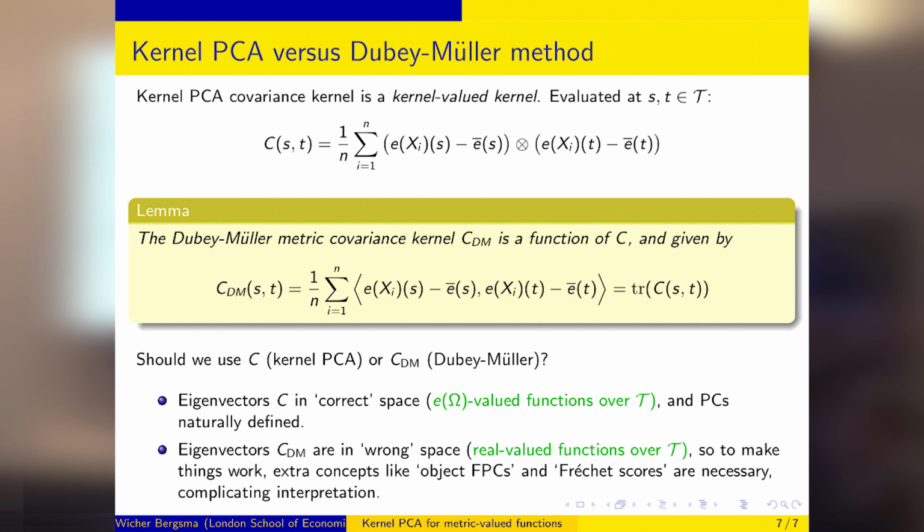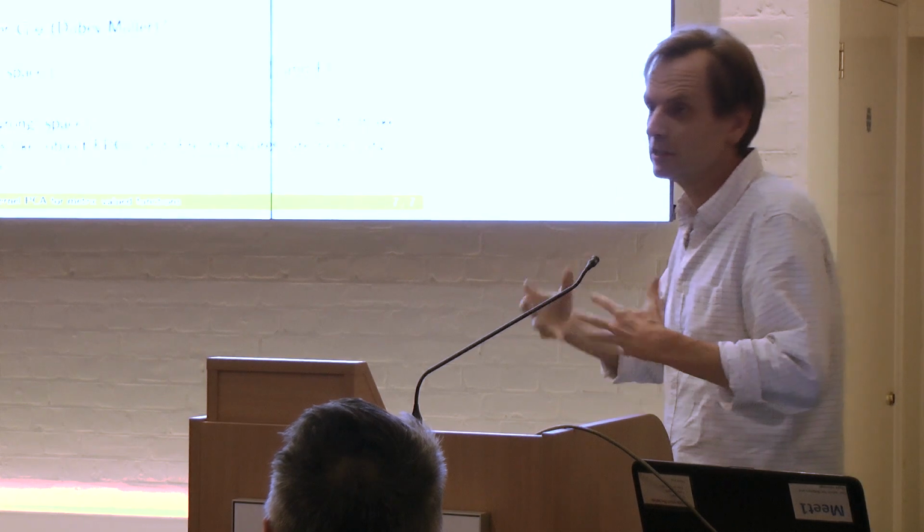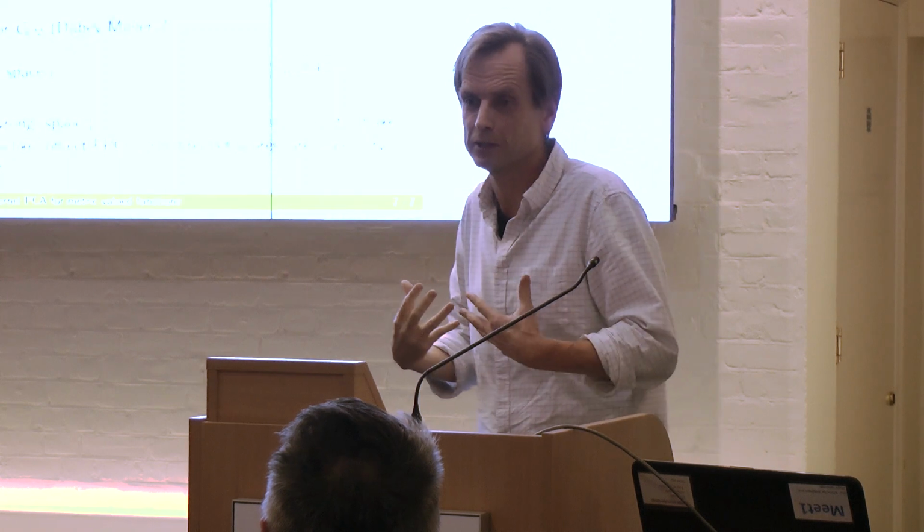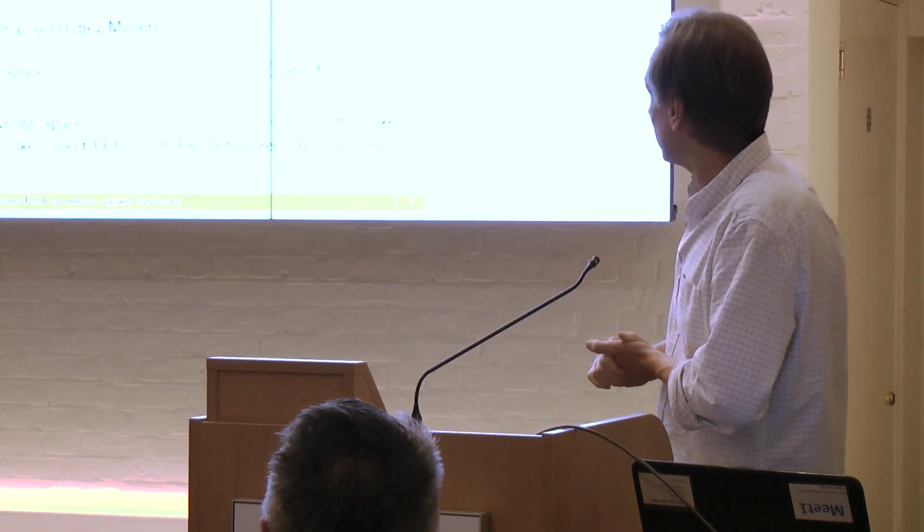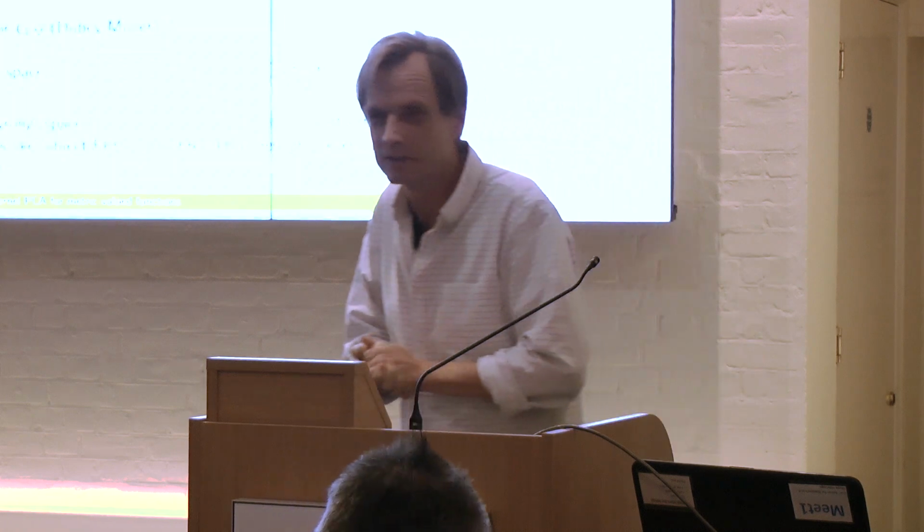So the eigenvectors of C B M are real valued functions. So to make things work, we need object functional principal components for Fréchet scores, and maybe this complicates the interpretation a bit. That's it. Thanks.